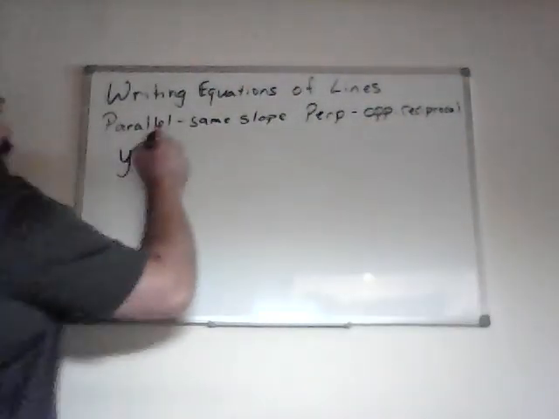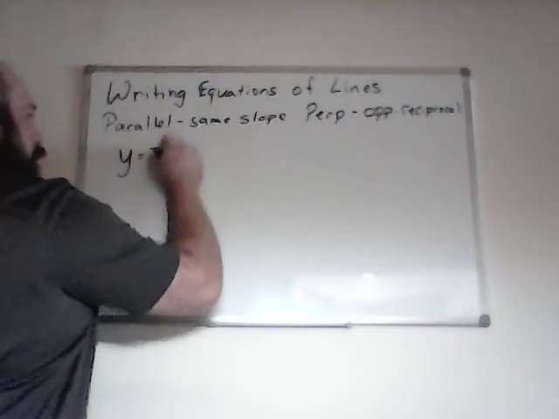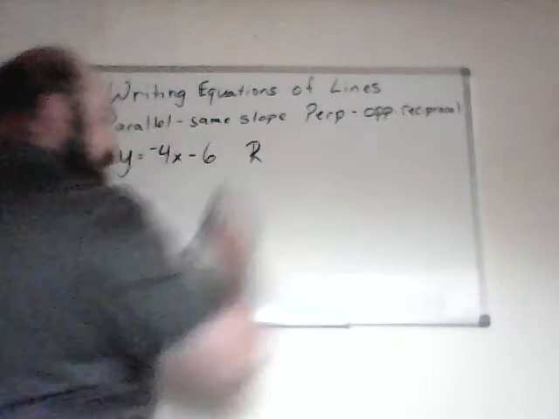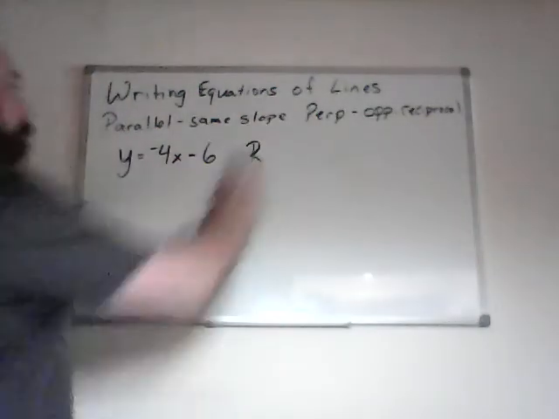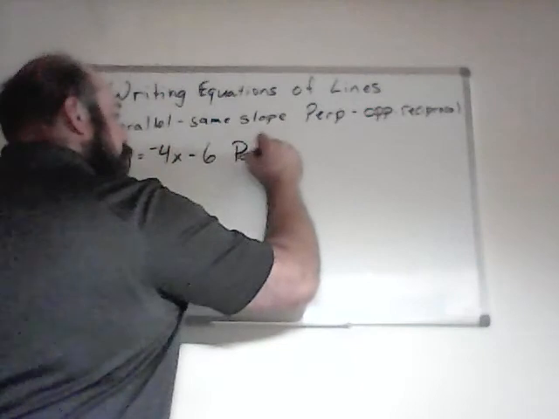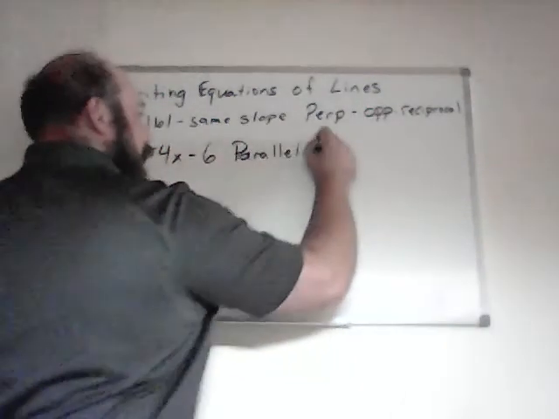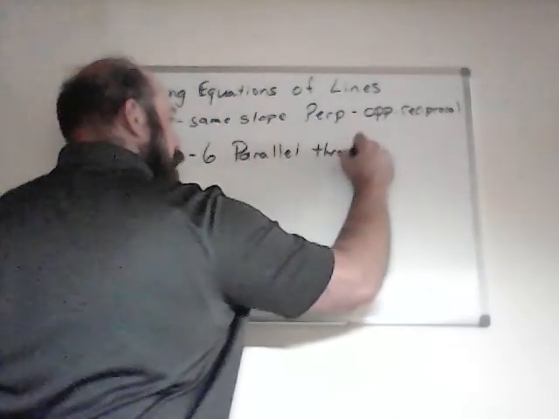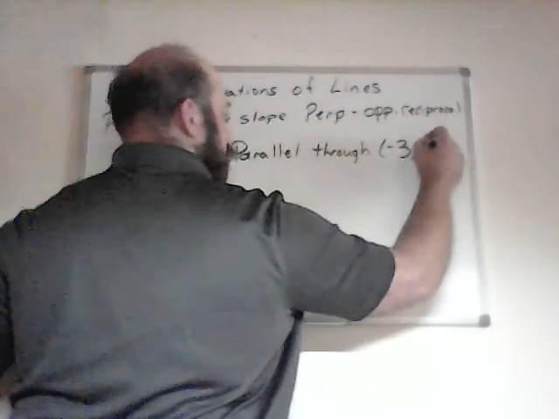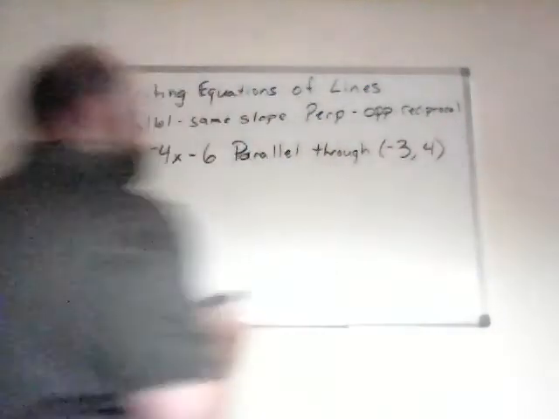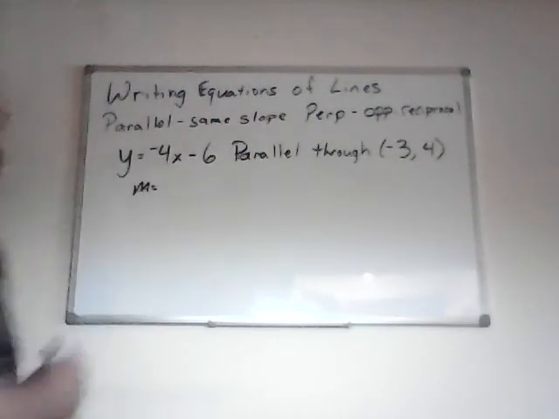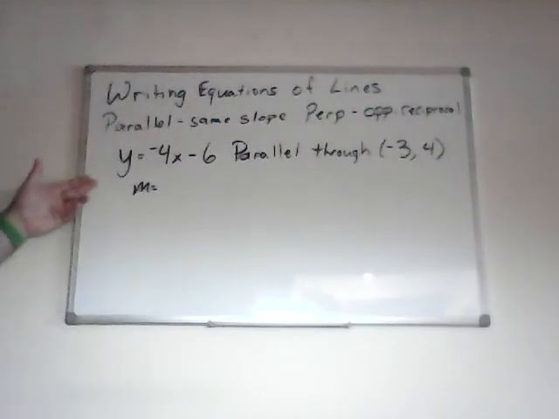Let's make this y equals negative 4x minus 6. As I mentioned, we're going to do this one parallel. And then it's going to be through the point negative 3, positive 4.